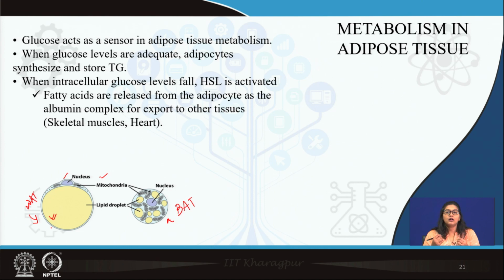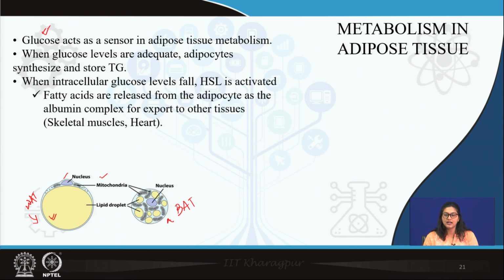Now why are we saying glucose acts as a sensor? Basically the metabolic pattern of adipose tissue depends on the blood glucose level. When there is high blood glucose level, adipocytes act as a storage organ. So what happens? The triglycerides are stored or synthesized.